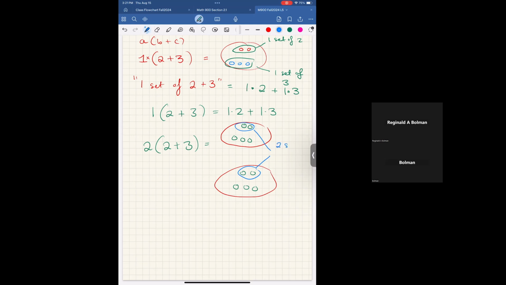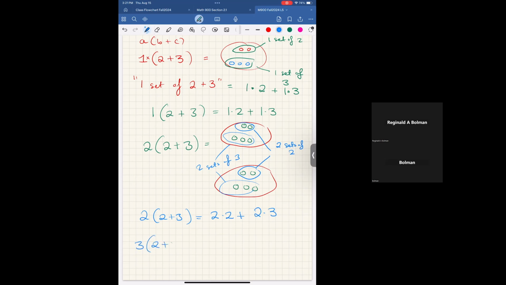Now you have two sets of 2 inside my bubble, but I also have two sets of 3 inside my bubble. That's the interesting part. So I'm going to be left with two sets of 2 and two sets of 3. So 2 times 2 plus 3 is going to be equal to, what is two sets of 2? That's going to be 2 times 2. And two sets of 3 is just going to be 2 times 3.